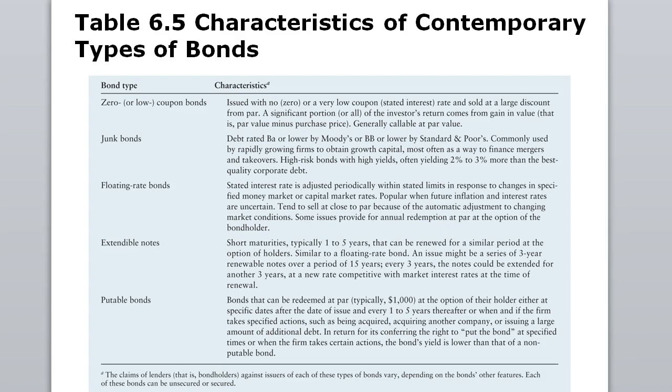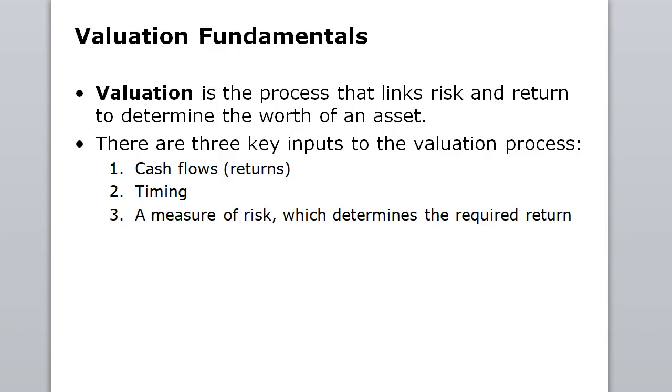They can put the bonds in, so specific actions such as being acquired, acquiring another company, or issuing a large amount of additional debt can trigger the put on the bond. It basically allows investors to get out of the bond.